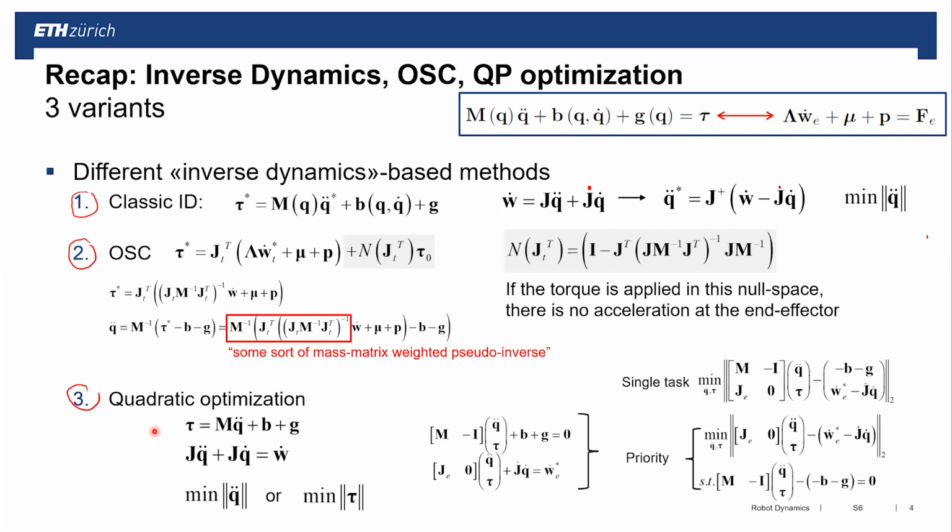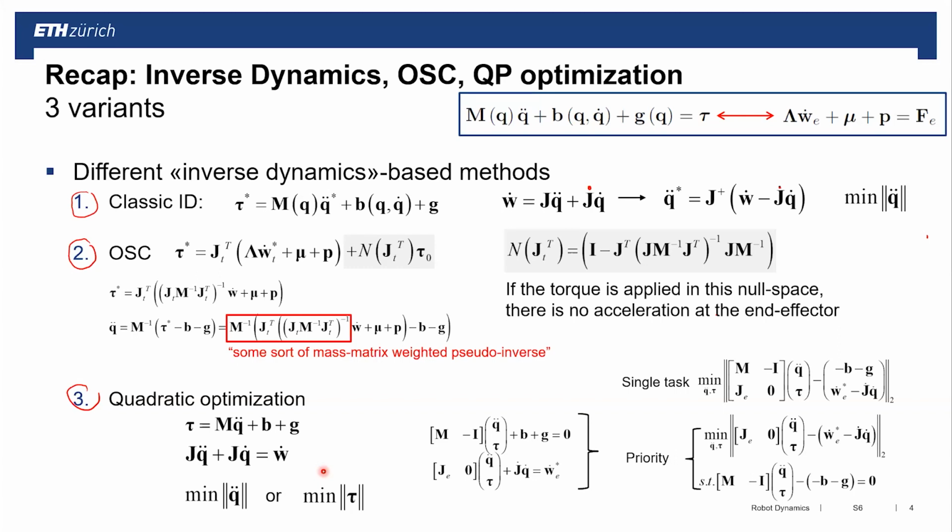So we said, okay, one linear constraint is that the torque must be equal to a linear function of Q double dot. One constraint is that I have a linear relationship with Q double dot that must be equal to a desired W dot. And then I have objectives, for example, the first one, minimize acceleration, but I can also just minimize my torque or any other objective I have.